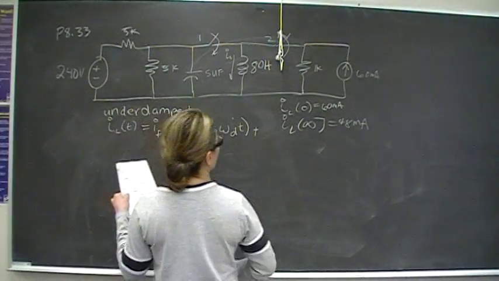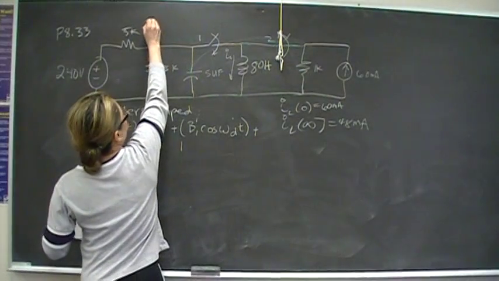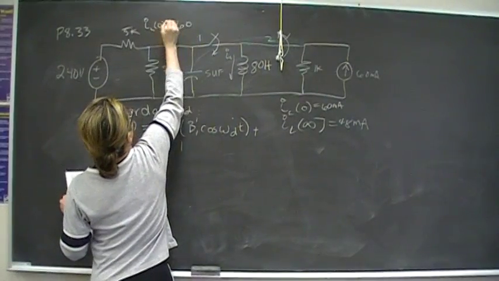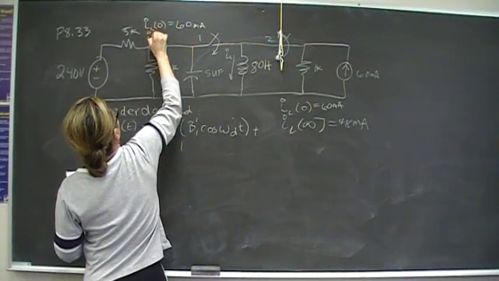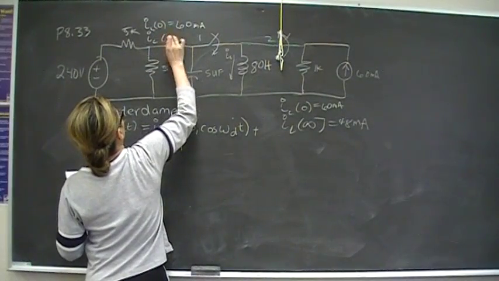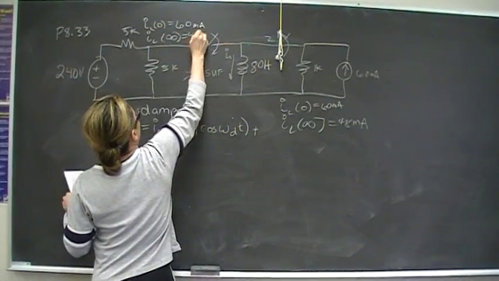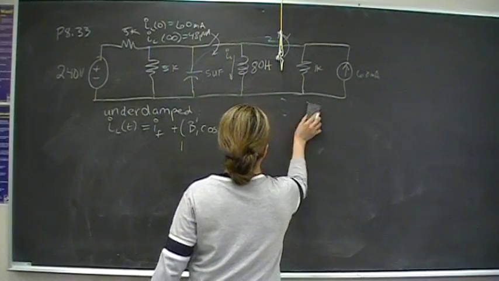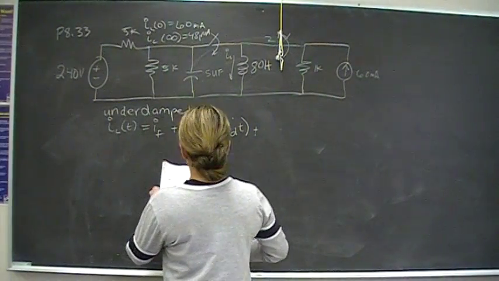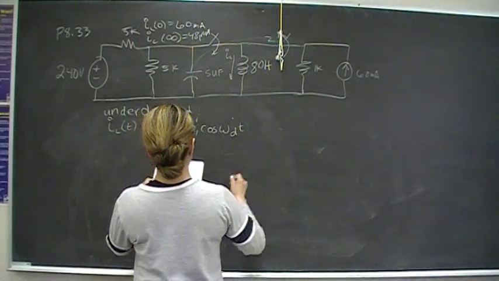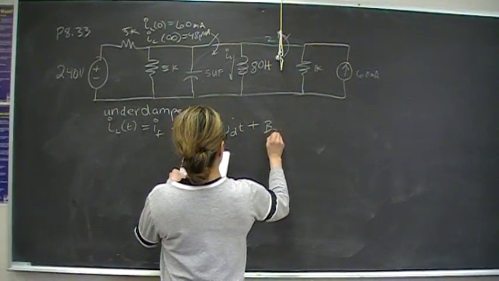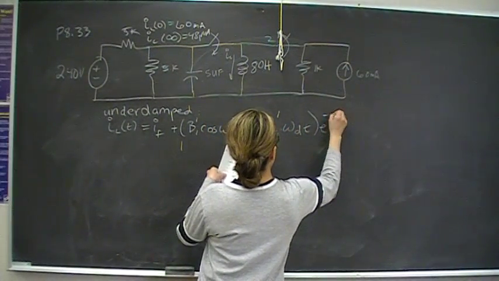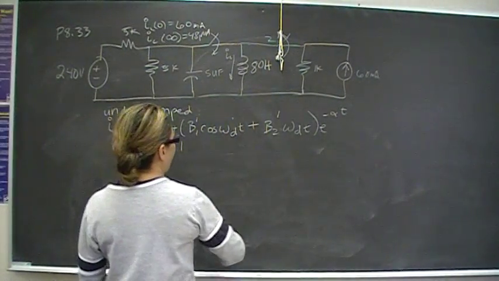I'm going to move these two up here, IL of 0 and 48 milliamps. We need those for our general equation. Okay, so right away we have this piece of the information.